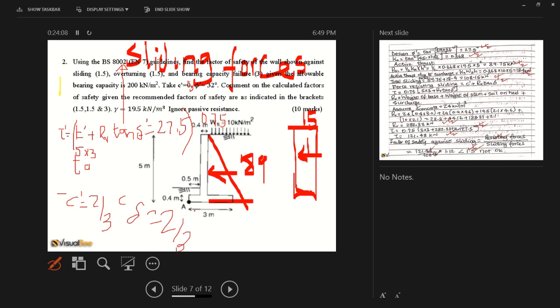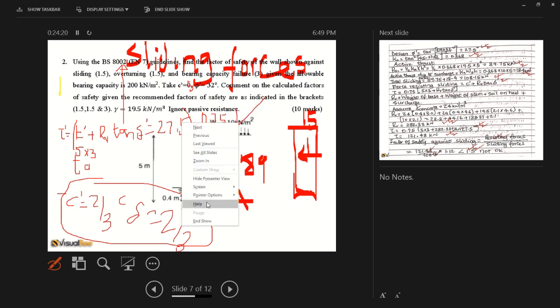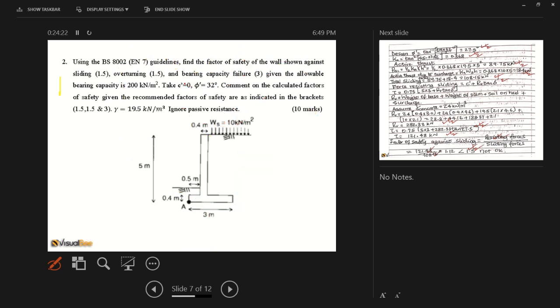Usually that is okay. If you are not told which method to use, you can use either method. In this case we are told to use specifically that method, but the idea is that phi and C must be modified a little bit to cater for what happens in reality.